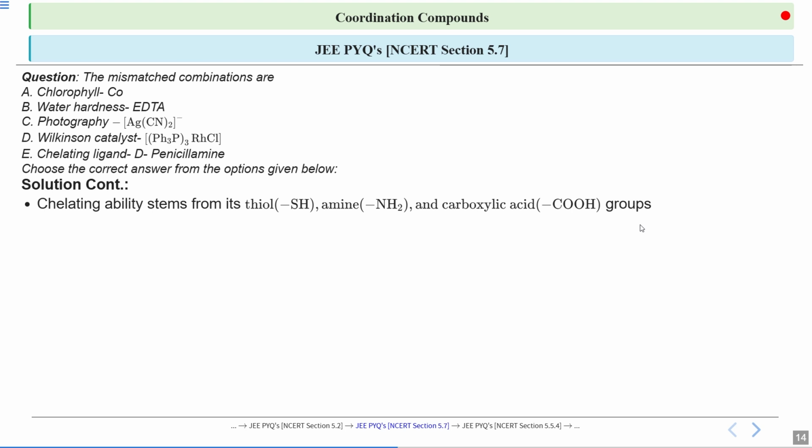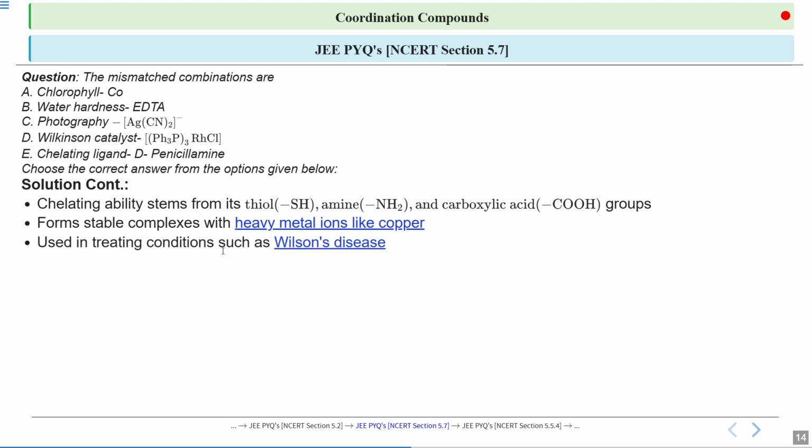Remember, we have seen the structure where all these groups are present, and they can form bonds with the central metal ion in a complex, forming a ring-like structure around the central metal ion and stabilizing the complex. So its chelating ability is from these 3 groups, and they form stable complexes with heavy metal ions like copper.